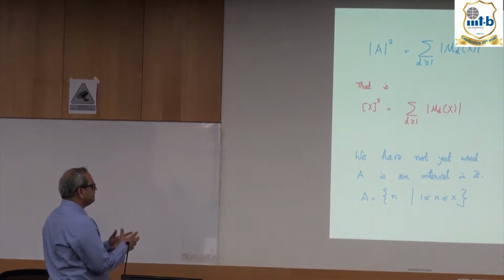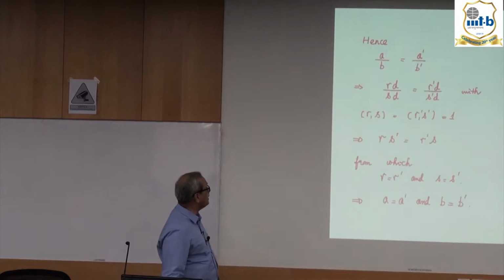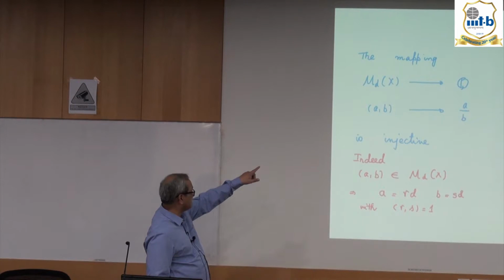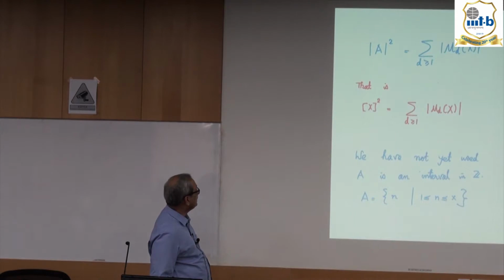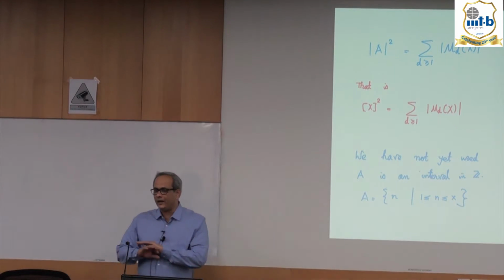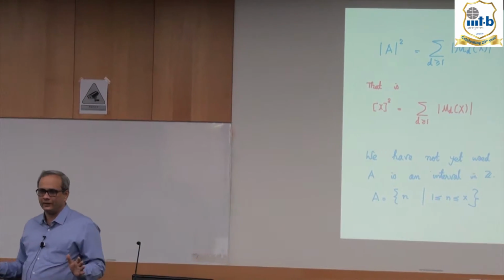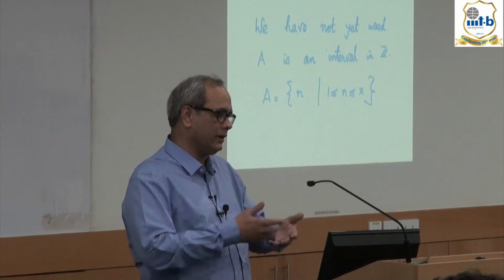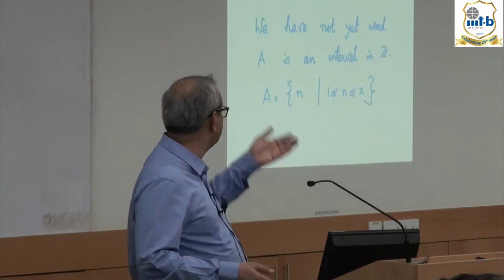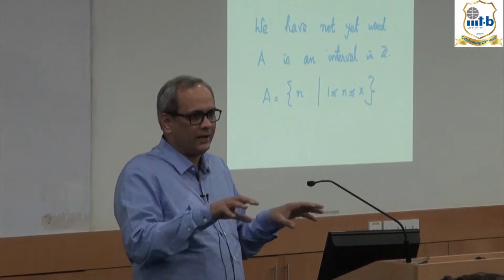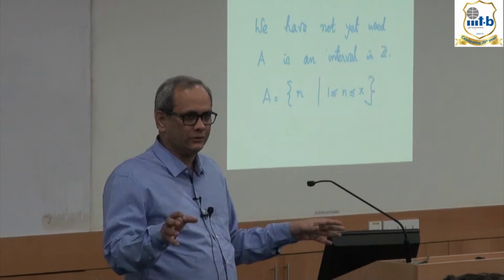Now these two relations, the fact that this map is injective and the fact that you have this partition, are valid whether or not A is an interval. You take any subset of the natural numbers and you can define, instead of M_d(x), M_d(A). You can split the pairs in A cross A based on GCD.